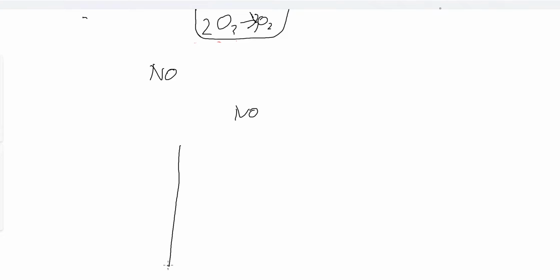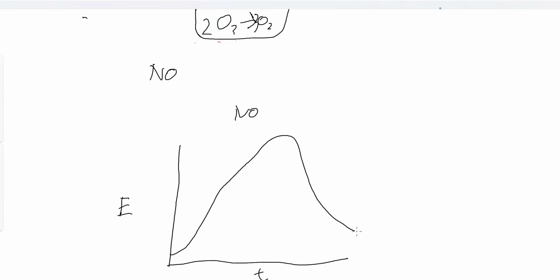So what a catalyst really does, if we draw an ET diagram, if we mark the uncatalyzed reaction, you'll see that it has this huge spike, right? Very big spike, almost impossible to get enough energy to clear that.